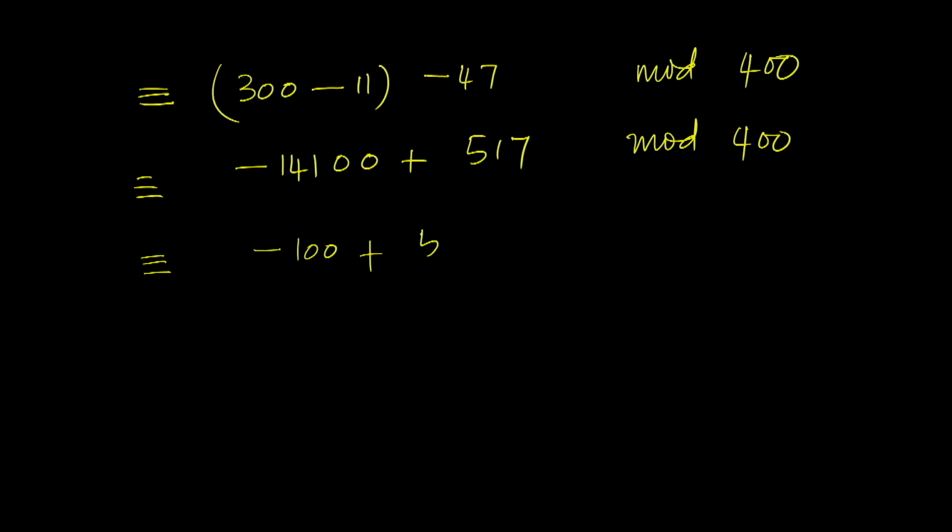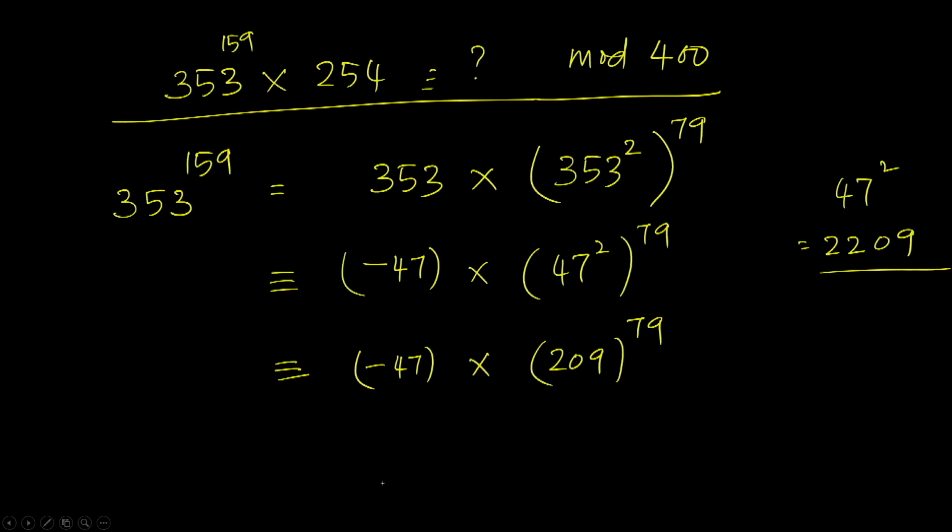So we have, but 517 is 117 mod 400, so this is 17 mod 400, which is 353 power 159. But what we need to find is 17 into 254.